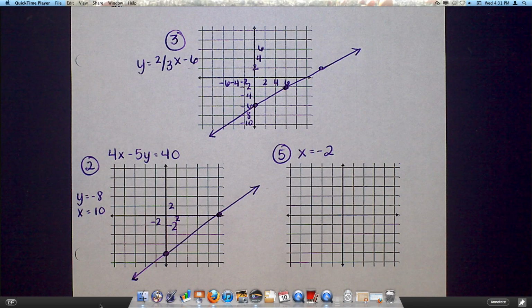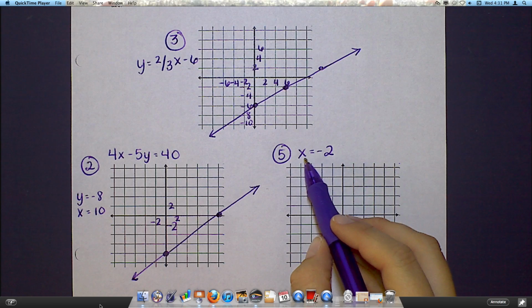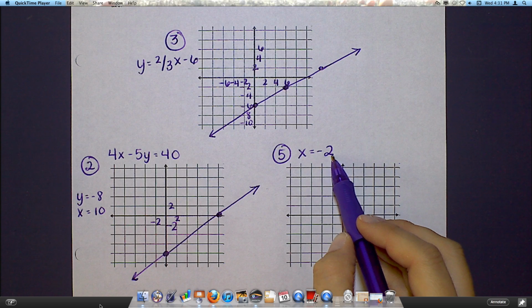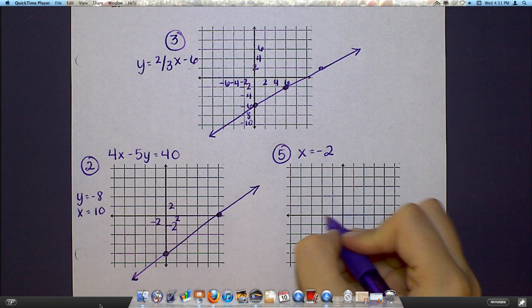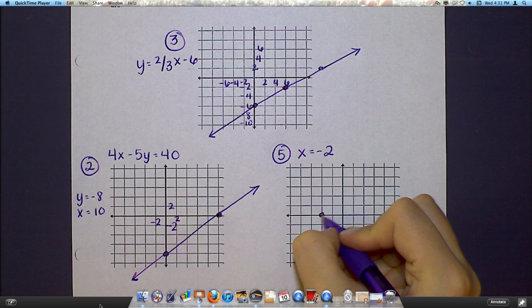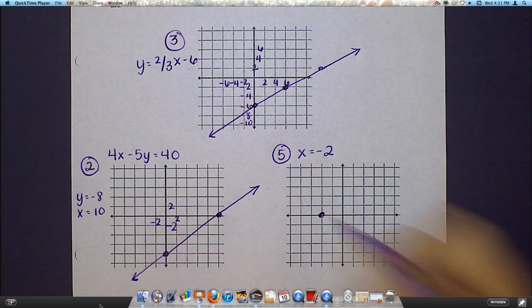I want you to think about whether it would be horizontal or vertical. It is really best if you can just start to memorize this, but in case you haven't already, let's think about this. I know that this line has to go through -2 on the x-axis. So let's see, -2 on the x-axis, and this time I'm not counting by 2's, is right there.